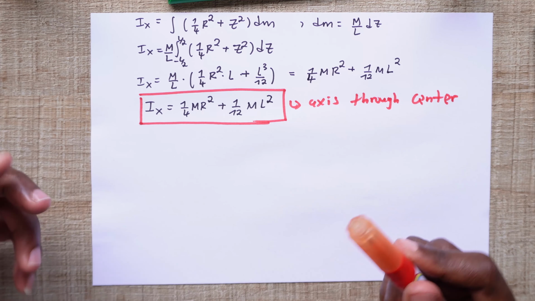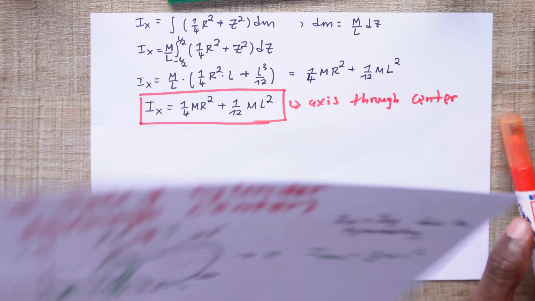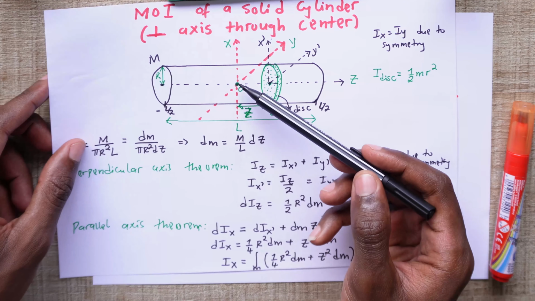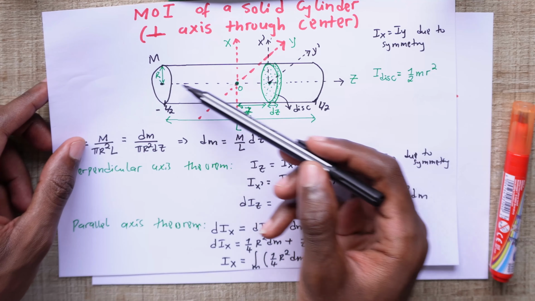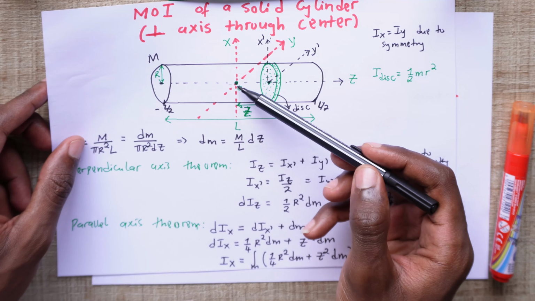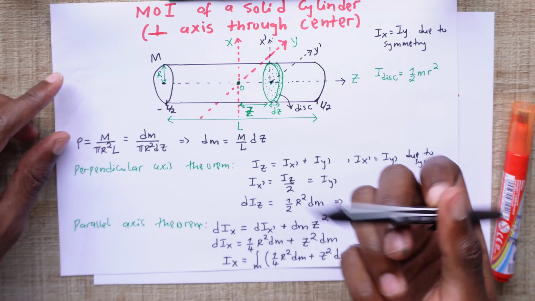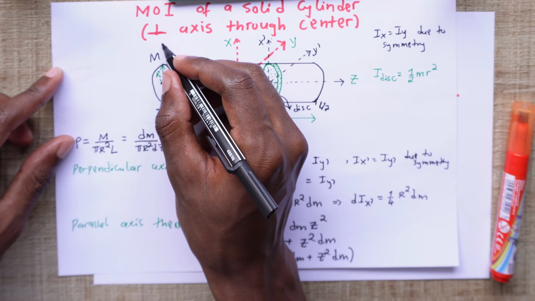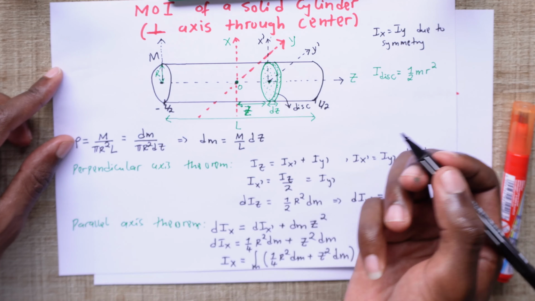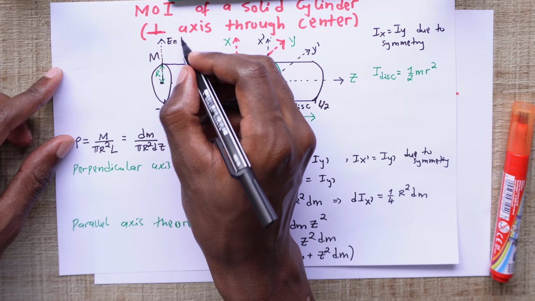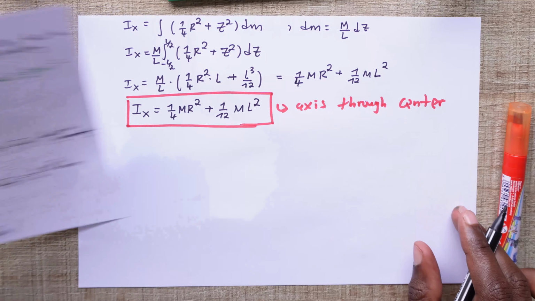Then we can go further and calculate the moment of inertia about an axis that passes through the end of the cylinder. If you want to do that, it's just an application of the parallel axis theorem again. Suppose we want to calculate I about a new axis that passes through the end of the cylinder. It's really easy.